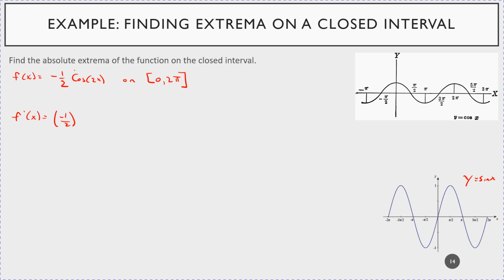You're going to have to chain rule this. The derivative of cosine is negative sine of 2x. And then the derivative of 2x is 2. This really worked out nicely. Negatives cancel, 1/2 times 2. Our derivative here is just sine of 2x.